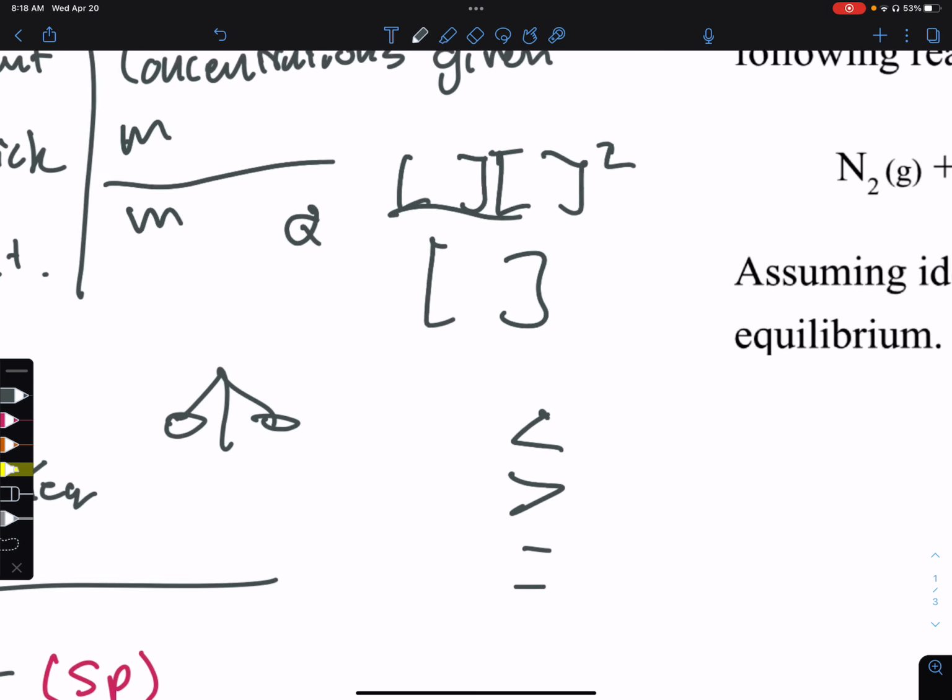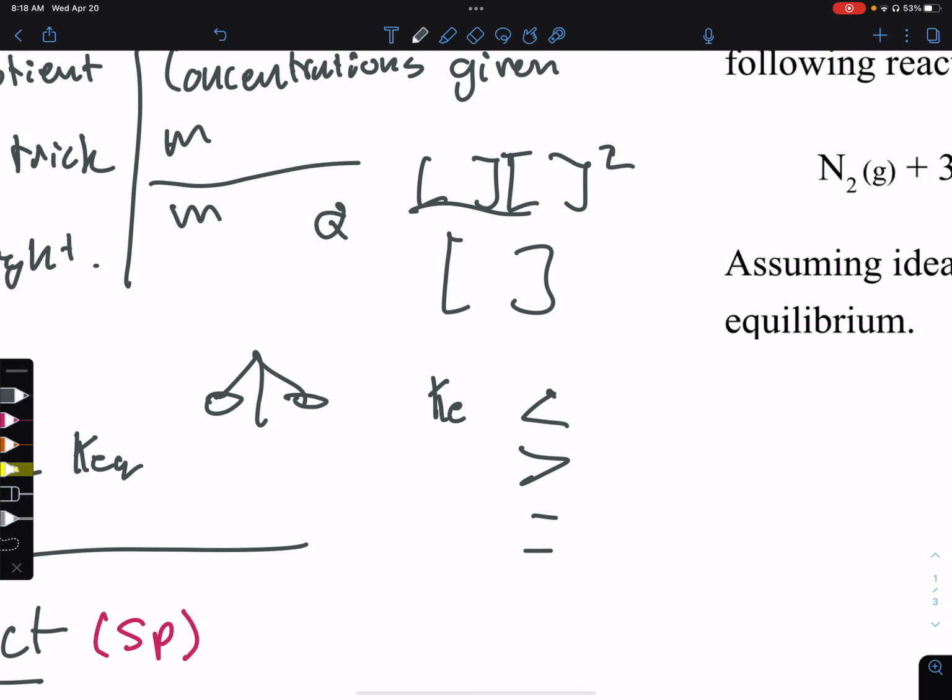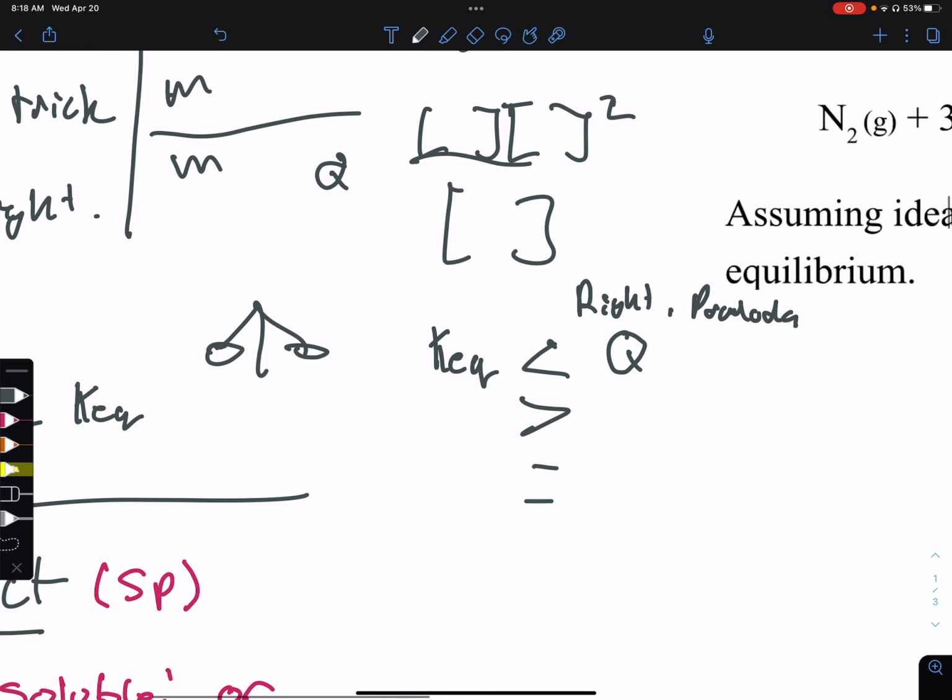So let's say our KEQ value is less than our Q value. What happens is that it's going to favor the right side, which means it's going to make more products. The opposite is true for a greater than.